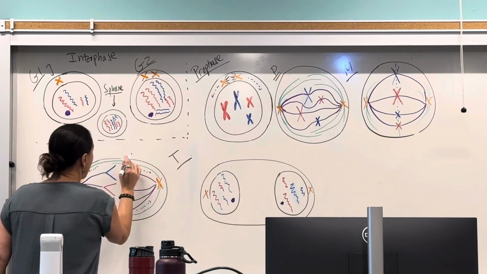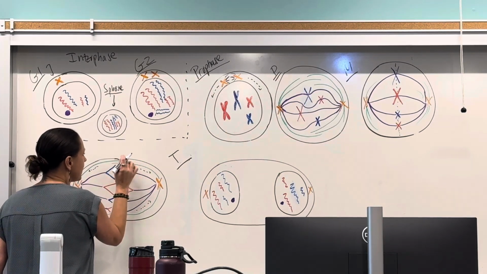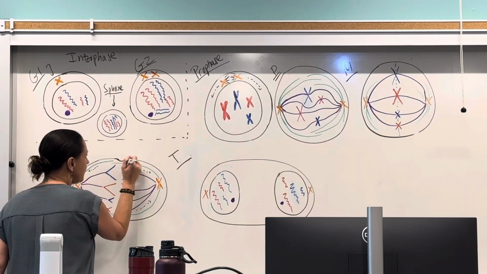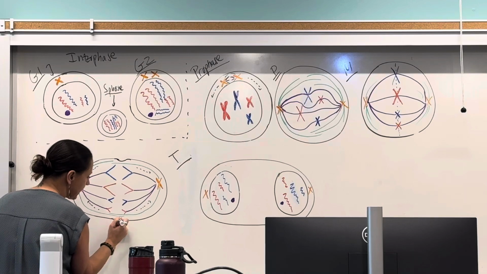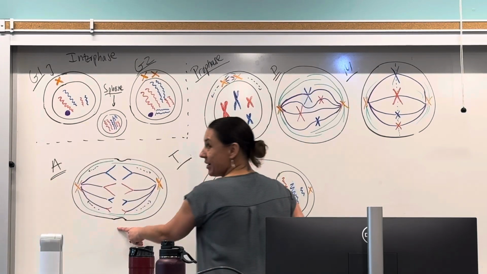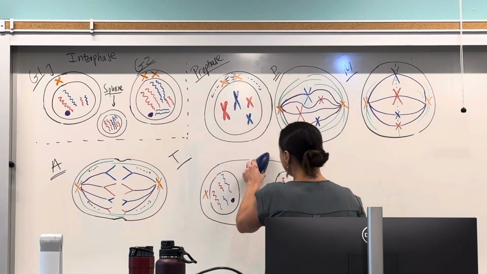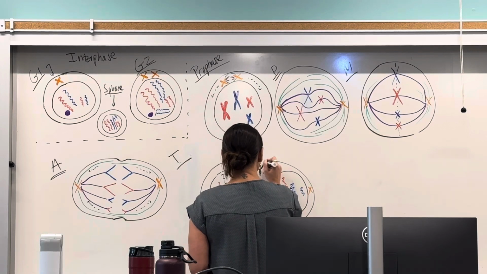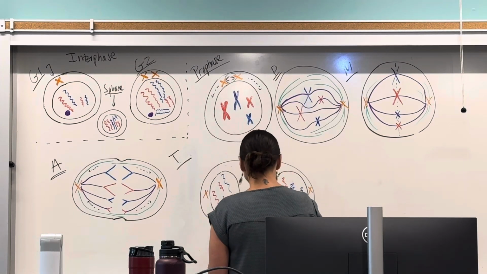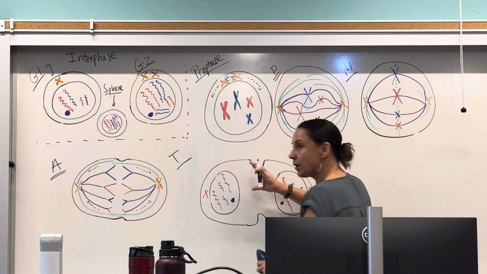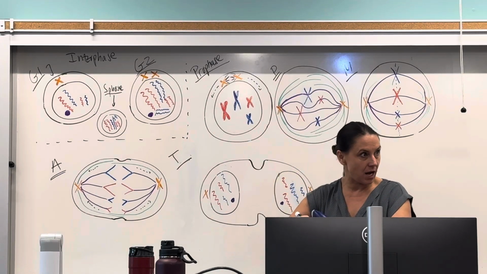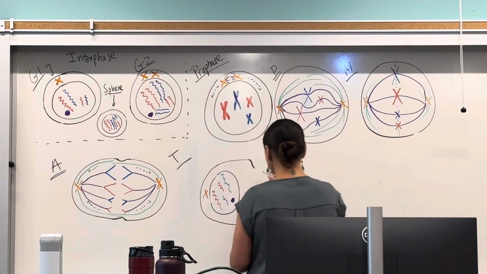Towards the end of anaphase, you're going to end up forming something called the cleavage furrow, like this little invagination of the plasma membrane here. And that cleavage furrow will continue through telophase, continue to grow and grow, invaginate, become deeper and deeper.